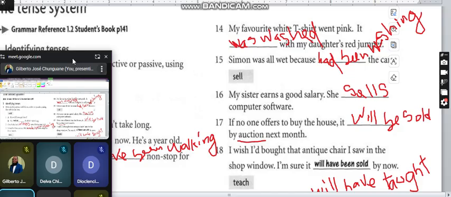Yes, you gave a different answer, and then I had a different answer. Okay, so what answer do you have? The one I had was Simon was all wet because he had washed the car.